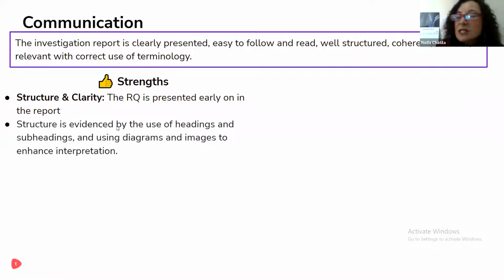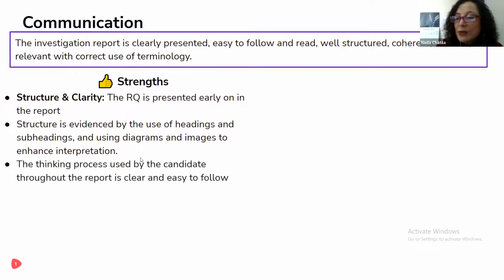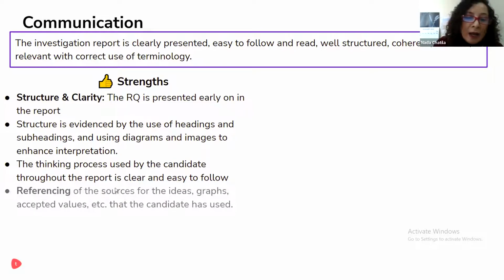The structure is evidenced by use of headings, subheadings, diagrams, images to enhance interpretation. The thinking process is clear, easy to follow. Referencing of the ideas, graphs, accepted values. It doesn't have to be perfect referencing. It's not as strict as the EE, but there are at least some expectations for referencing.